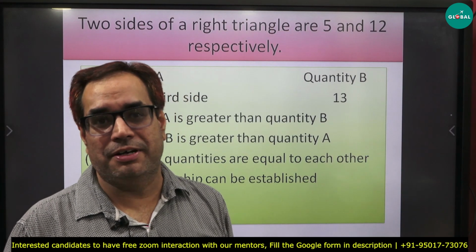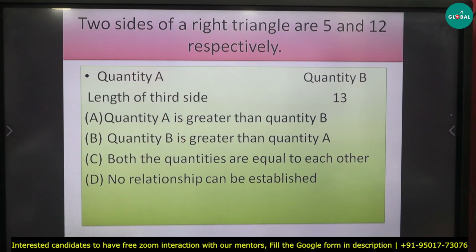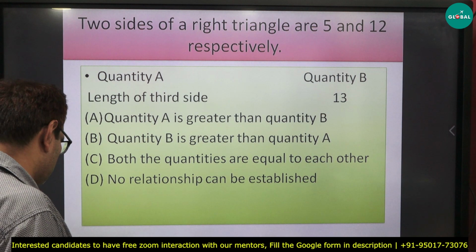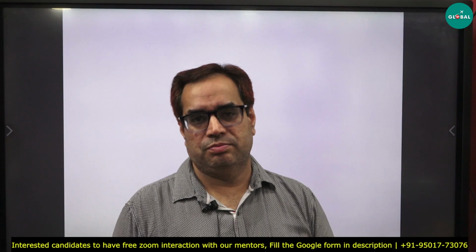That is the concept hidden in this question. So what is the right answer, and why is this not the right answer? Actually, the question is saying that two sides of the right triangle are 5 and 12, but in the question they did not mention which are the two sides.